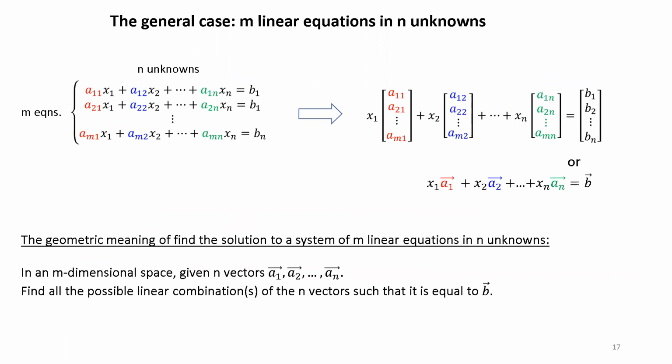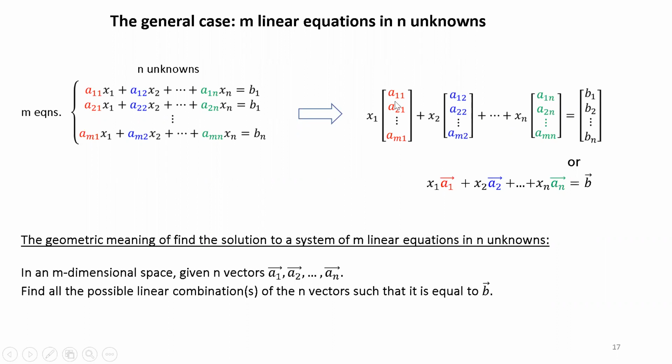So in general, if I have m equations and n unknowns, then geometrically, what we are doing is that I have an m-dimensional space, so each column vector has m components.